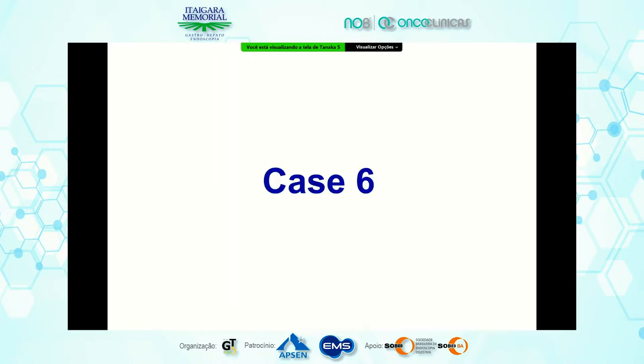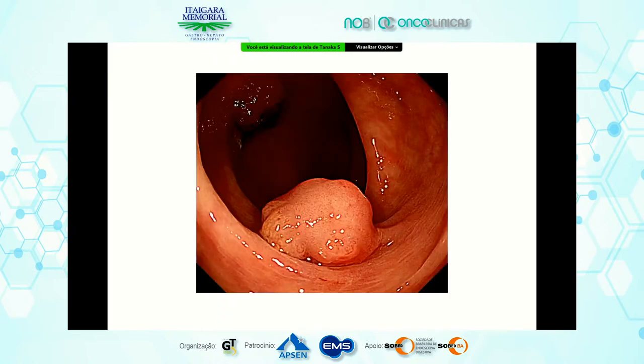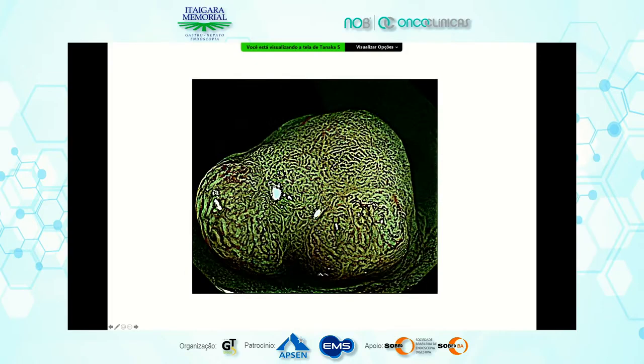Case 6. This is a polypoid lesion, 1.5 millimeters in diameter. This is an NBI magnifying view.